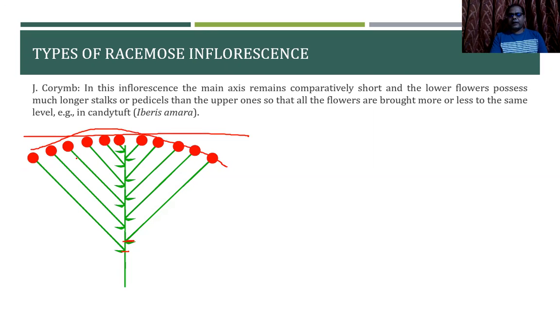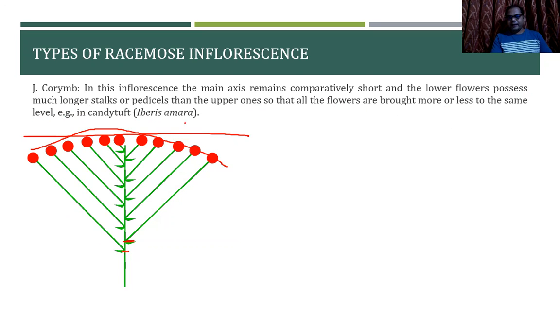This is what we call the corymb. The corymb is basically an extension of the raceme inflorescence, where the pedicel of the older flower is elongated to make a horizontal kind of arrangement. So the lower flowers possess a longer stalk or pedicel than the upper ones, and the flowers are brought more or less to the same level.